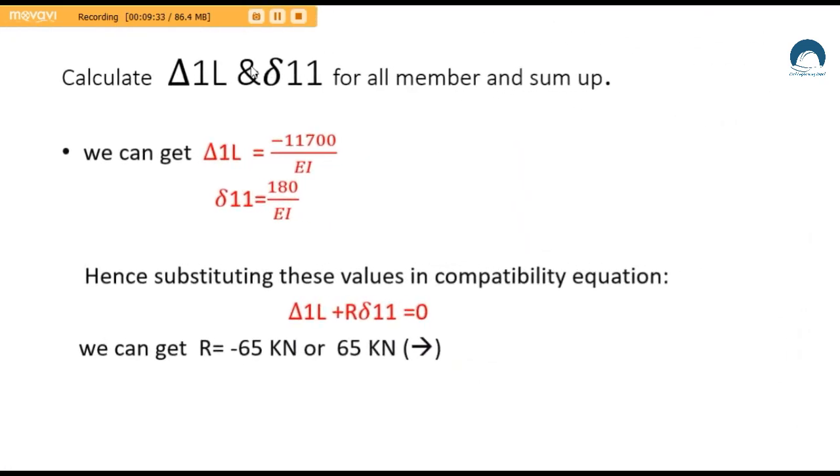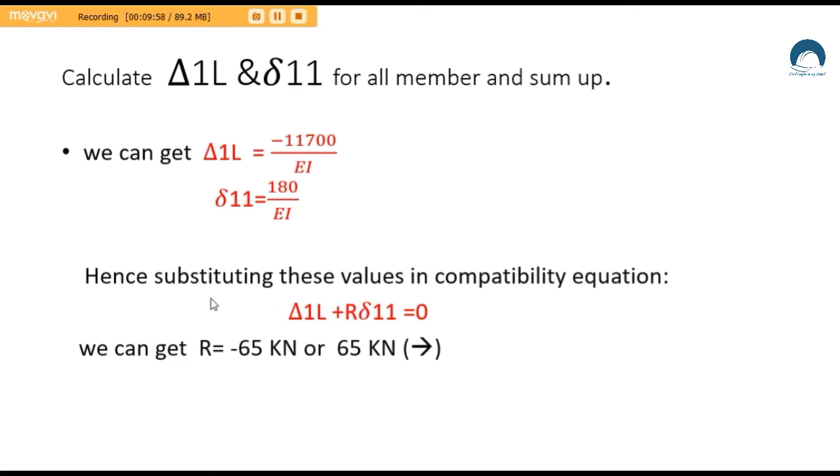Now, as we have discussed earlier, the values of delta 1L and del 11 can be calculated. Delta 1L is calculated as -11700 over EI, and del 11 is calculated as 180 over EI. You can perform a simple integration and summation and obtain these values.